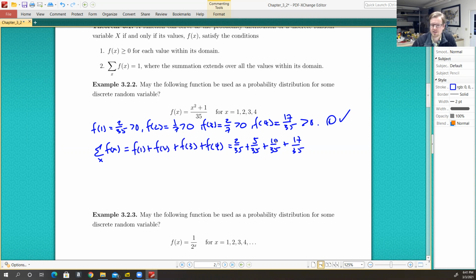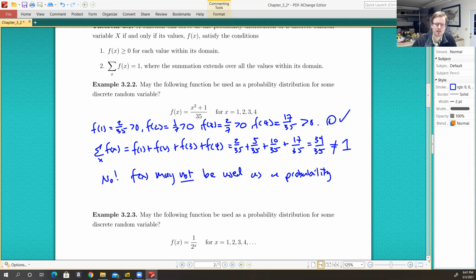Now 2 plus 5 plus 10 is 17. 17 plus 17 is 34. 34/35 is not equal to 1. So no, f of x may not be used as a probability distribution for a discrete random variable.